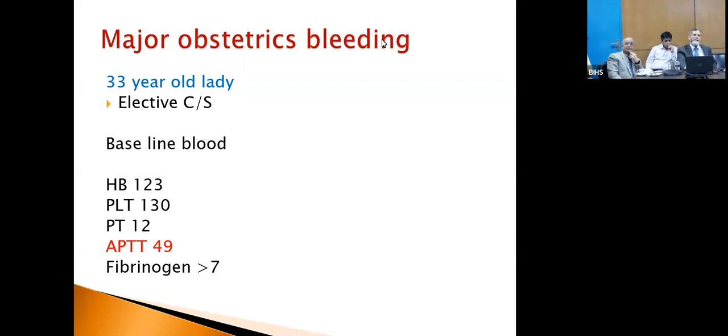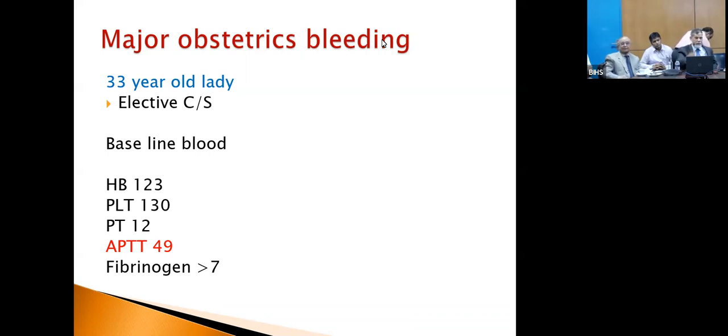A 33 years old lady, elective cesarean section, baseline blood was quite good actually, but her APTT was a bit prolonged. But that was overlooked as probably a lab phenomenon and error. As you know, in the clotting test system, lots of pre-analytical and post-analytical variables can happen. And we always repeat an abnormal test.